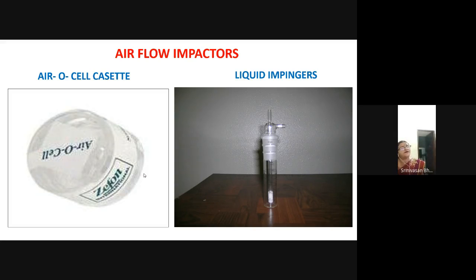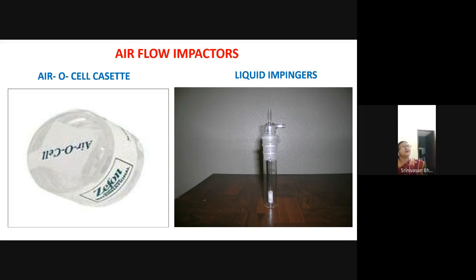The other end of the sampler is connected to a vacuum pump, which collects the air at 15 liters per minute. Here the sticky surface is just a cover slip. This is operated for 10 to 15 minutes with the help of a vacuum pump.